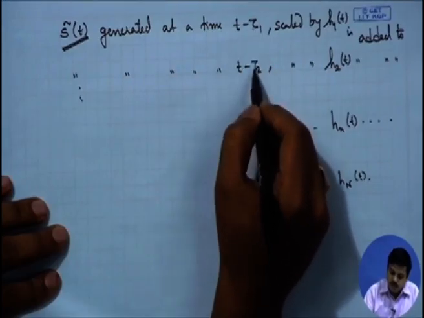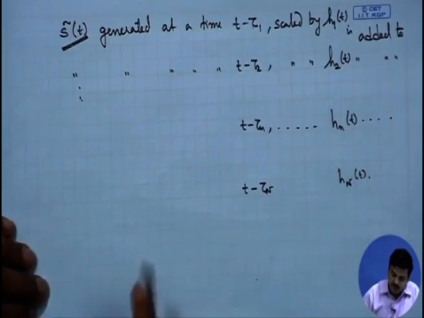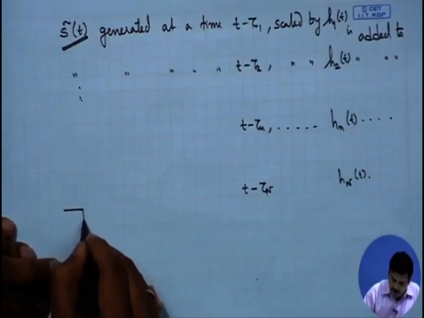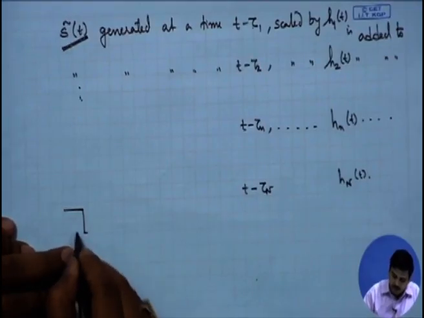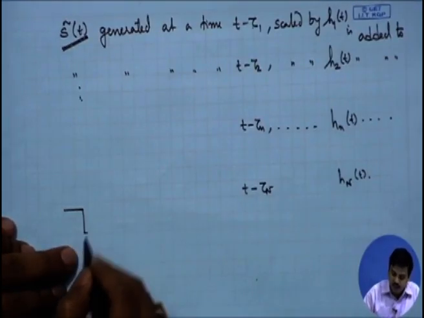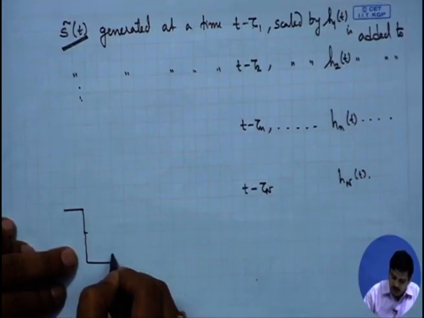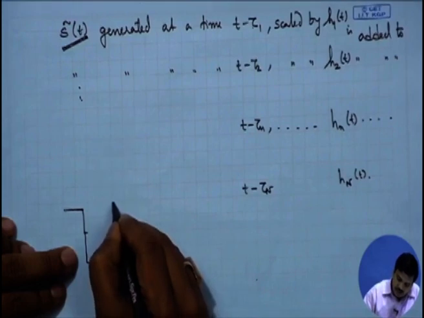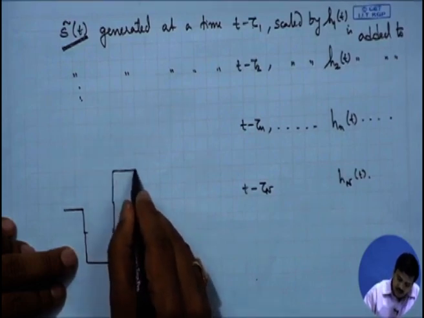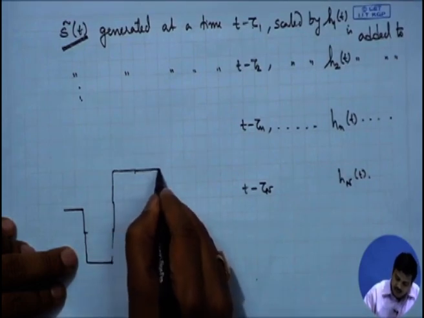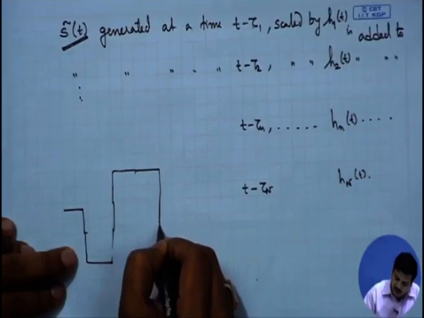Now, just consider a digital communication system where at certain time t 1, let a signal like this be generated, at another time t 2, let us say this signal is getting generated, at a time t 3 we might have a signal like this generated, at a time t 4 it might be this generated, and so on.